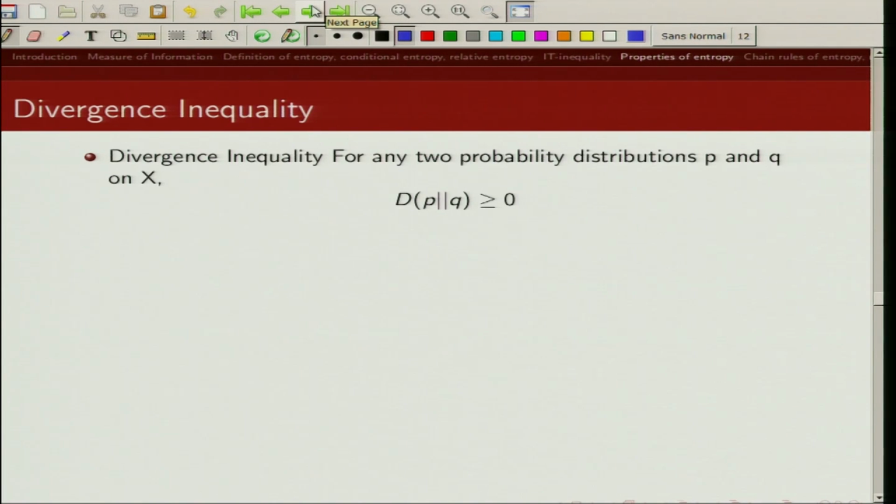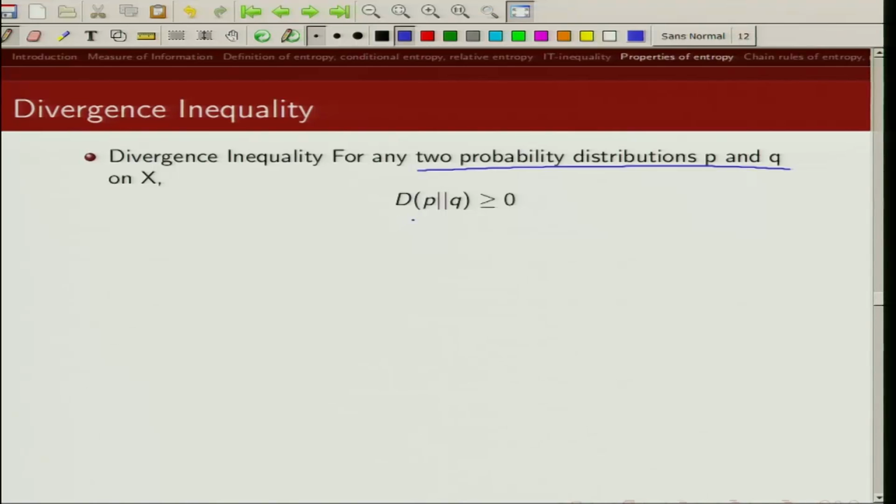Now divergence between any two probability distributions p and q is always greater than or equal to 0. So it is in some sense a measure of closeness between two distributions. If p is very close to q, the value of divergence will be close to 0, otherwise if p is substantially different from q, divergence will be large.